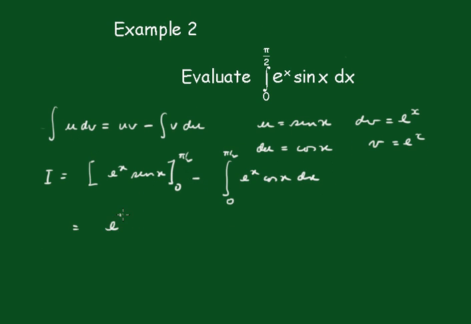Now this is e to the pi upon 2, and sine of pi upon 2 is 1. And of course, e to the 0 is 1, but the sine of 0 is 0, so just e to the pi upon 2 minus this integral here.